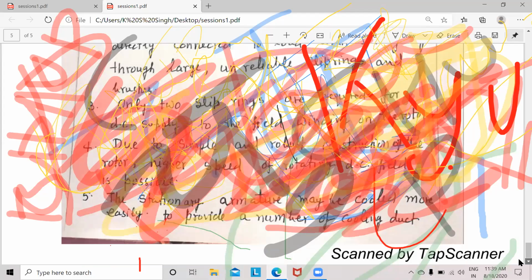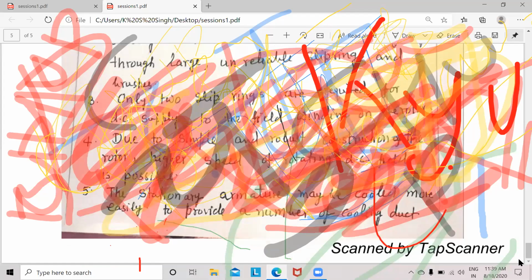What are the basic differences between these two? Due to these reasons, armature windings are always kept on the stator and the field winding is kept on the rotor.